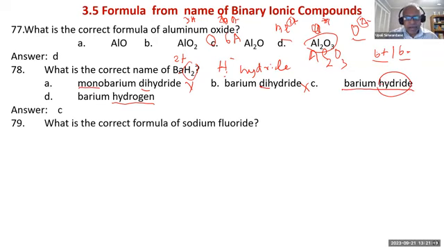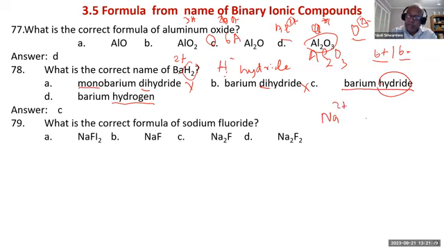What is the correct formula for sodium fluoride? Sodium is group 1A, so it is 1 plus. Fluorine is group 7A. 7A gains 1 electron.